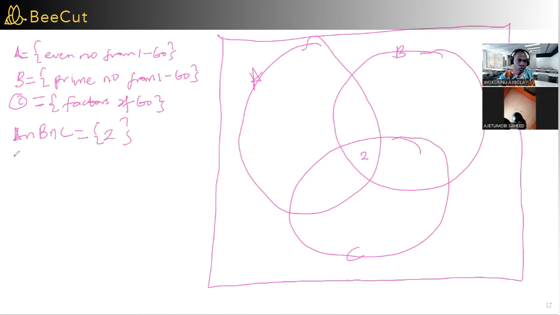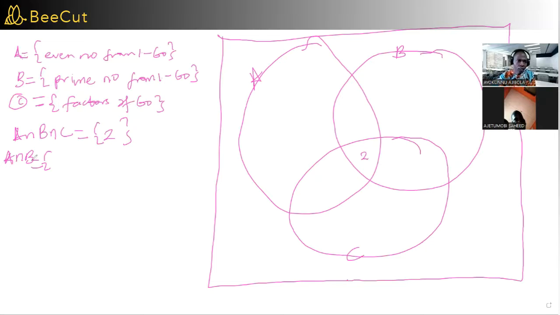Then let us now consider A and B. A intersection B. Whether there is anything that is in A and also in B, apart from the 2 that we have. So even numbers from 1 to 60, apart from 2, start from 4, 6, 8, 10, and so on. Could there be 4, 6, 8, 10 in B? No, because all those numbers are not prime numbers.